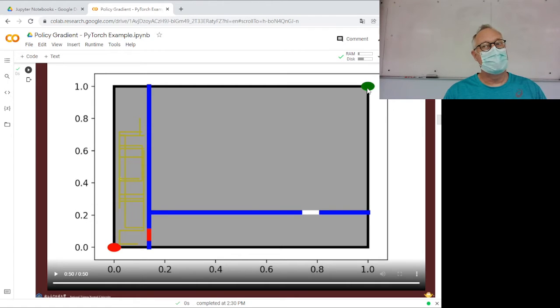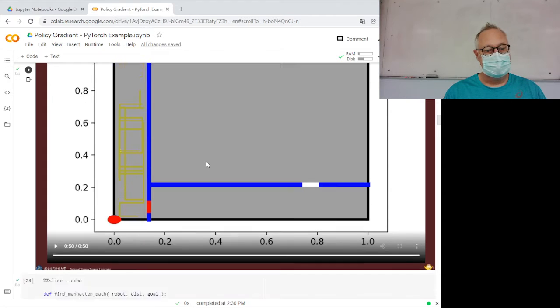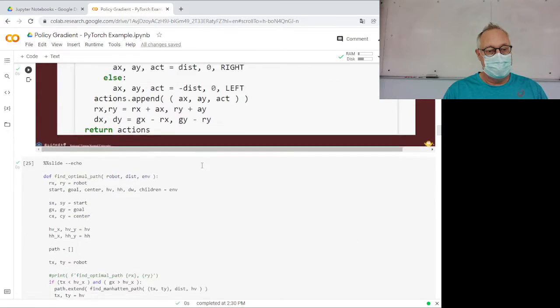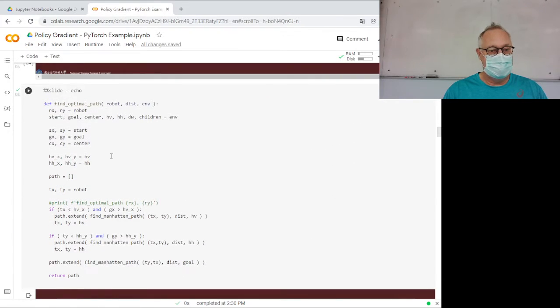There's no shorter way to do that. If I'm already in this room, then I only need to go to this door and to the goal. And if I'm already in this room, then I simply go straight to the goal. So that's what this code does.